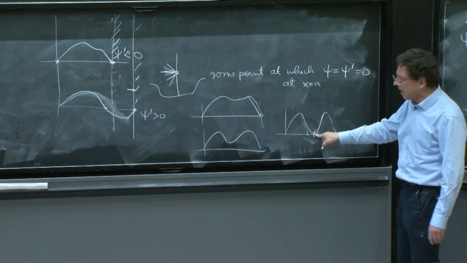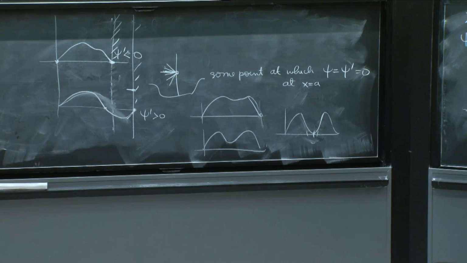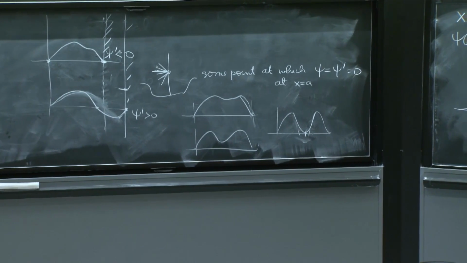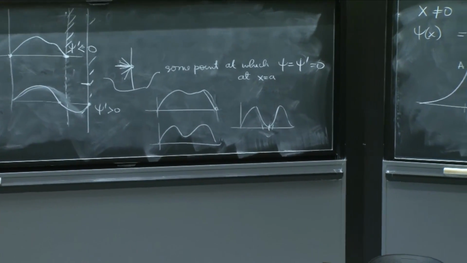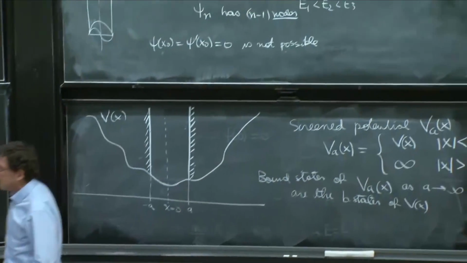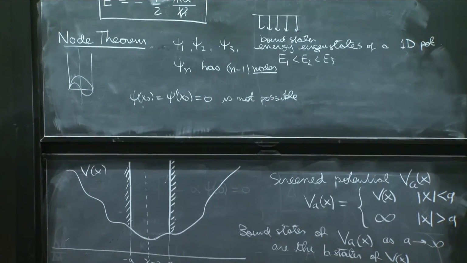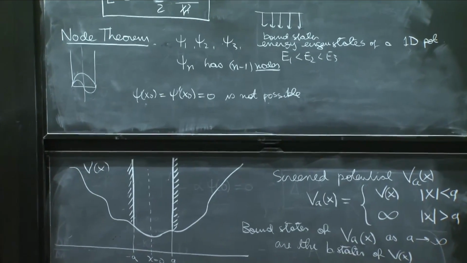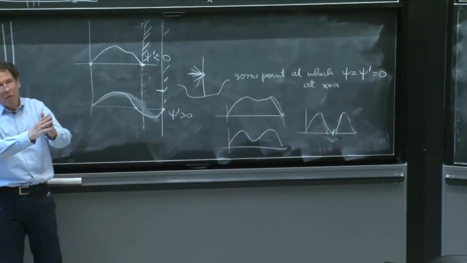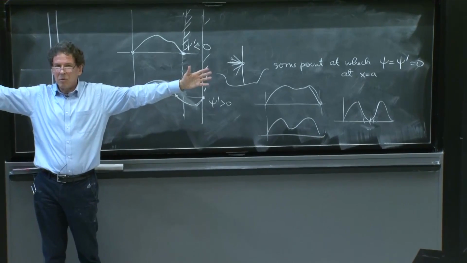But at this point, psi and psi prime would be 0. So you can intuitively convince yourself that this doesn't allow you to produce a node. So if you start with whatever wave function that has no nodes, as you increase the screen, you just can't produce a node. So the ground state of the whole big potential will have no nodes.